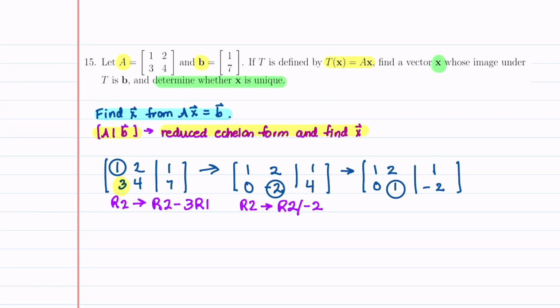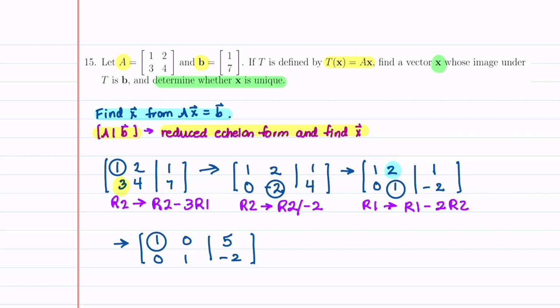And now what we need to do is get a 0 above that pivot. So we're going to take row 1 and replace it with row 1 minus 2 times row 2. This gives us the matrix with bottom row 0, 1, minus 2. And then our top row becomes a 1, 0. And we have a minus 2 times a minus 2 gives us a 4 plus 1. And that gives us a 5.